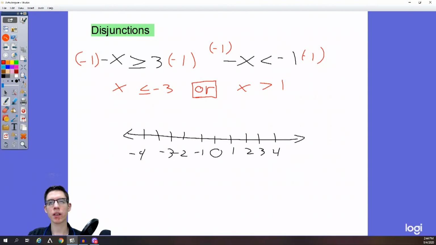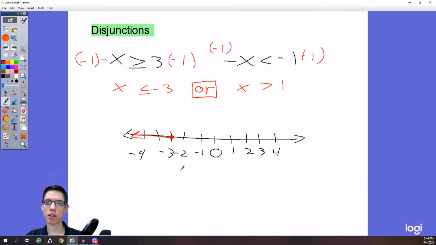Okay, something like this. X less than or equal to negative 3 means that I'm going to put a closed circle on negative 3, and then I'm going to illustrate everything that would satisfy x less than or equal to negative 3. So we're going to go to the left, everything that's in this direction.